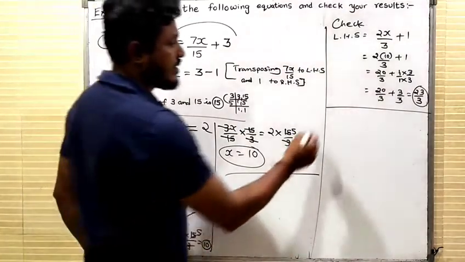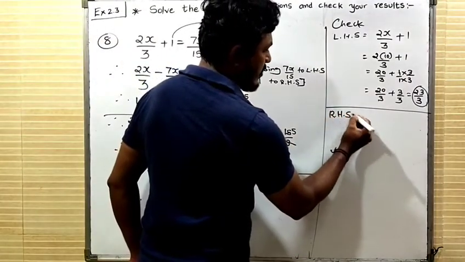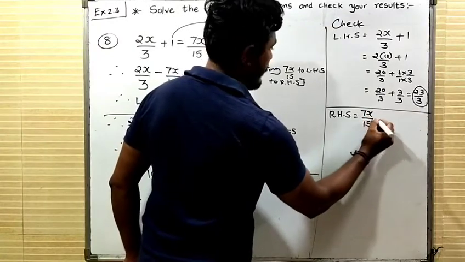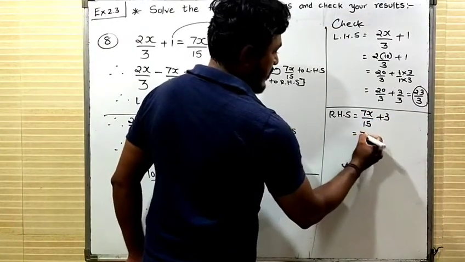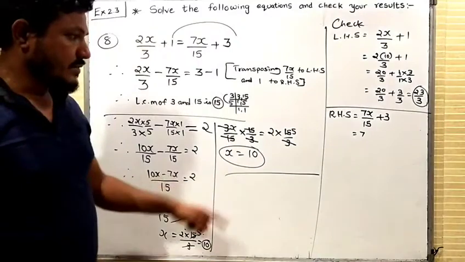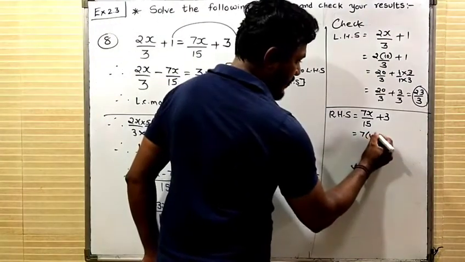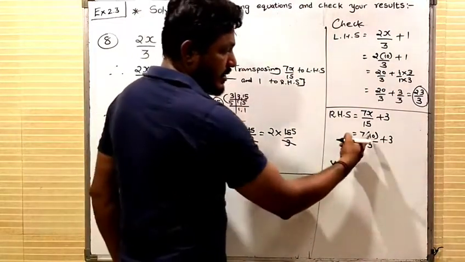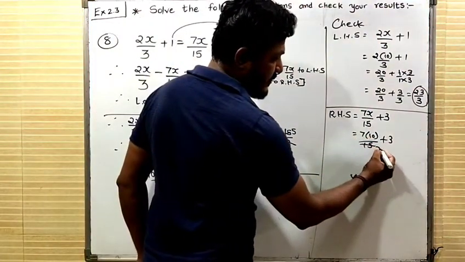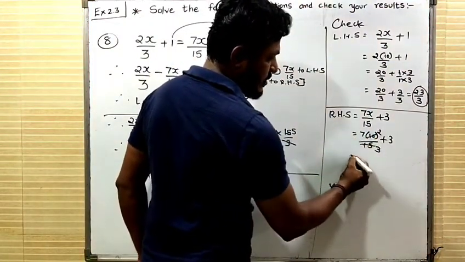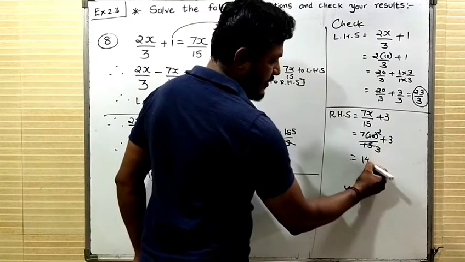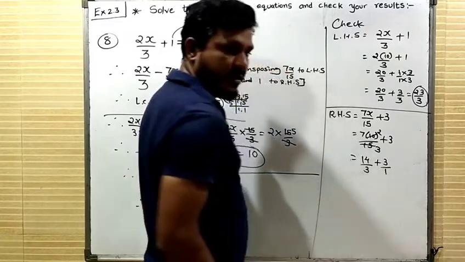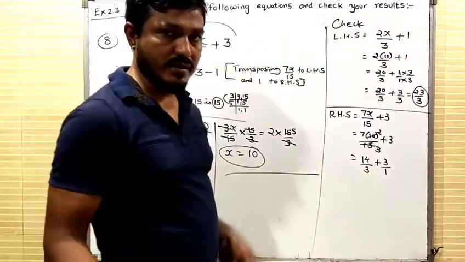Now let us check your right hand side, that is 7x by 15 plus 3. Now in place of x you need to write this value of x, that is 10. Now dear student, here it is possible to cancel, that is 5 3s are 15 and 5 2s are 10. Now 2 7s are 14 by 3. Now here also you have to consider denominator as 1, and LCM of 3 and 1 is 3 only.